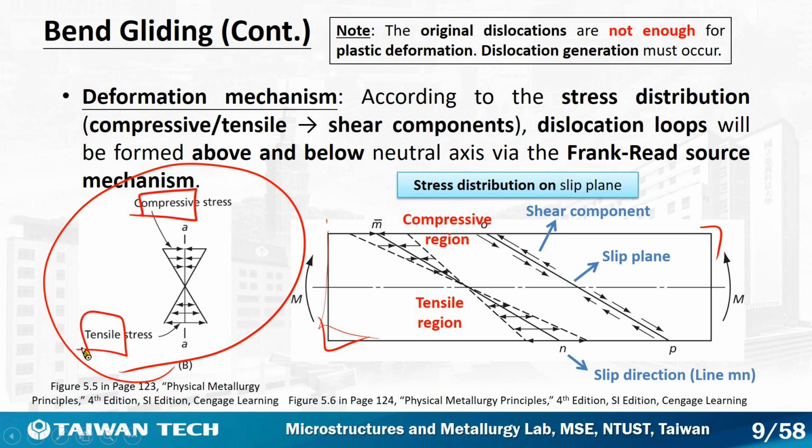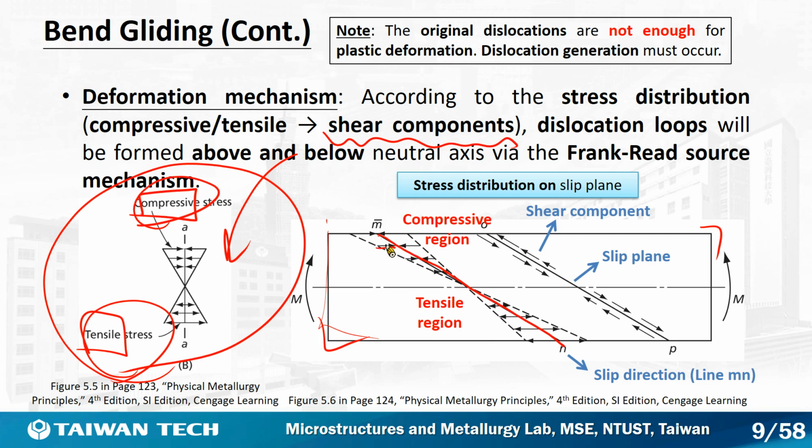However, slip must occur on slip planes, and also for dislocation motion, it must be shear. So we need to draw the shear component from this one, and then it must be on the slip planes. So let's first assume we have a slip plane here. Okay, this is the slip plane.